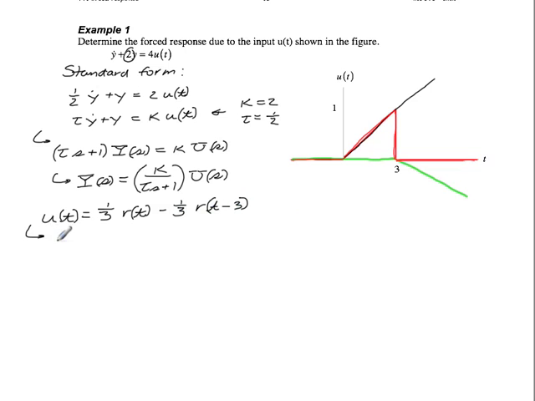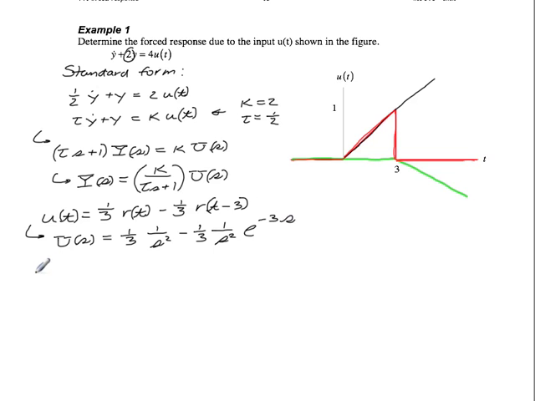The Laplace transform of that is 1/3 times the transform of the unit ramp, which is 1/s squared. And don't forget that when we shift the second one, we get the same as the first, except we get an e to the minus 3s.